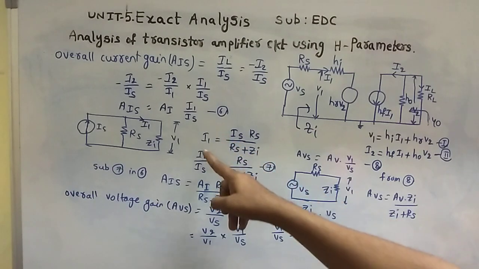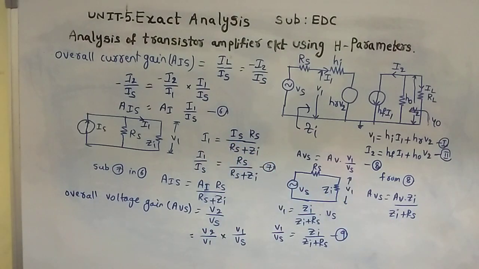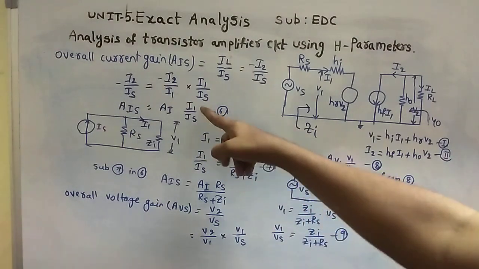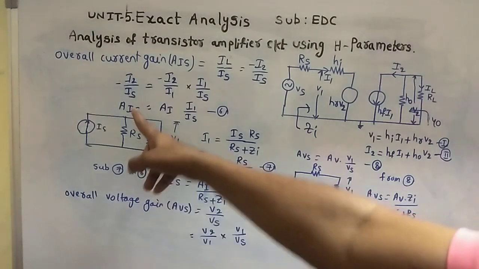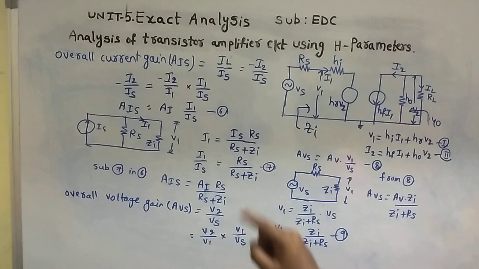From this I1 by Is is equal to Rs by Rs plus Zi. This one you can substitute in the sixth equation in place of I1 by Is. Then AIS is equal to AI into Rs by Rs plus Zi. This is the overall current gain in the transistor amplifier circuit.